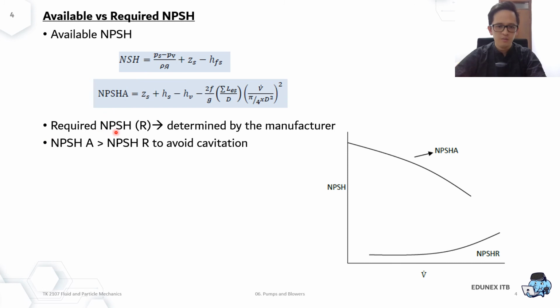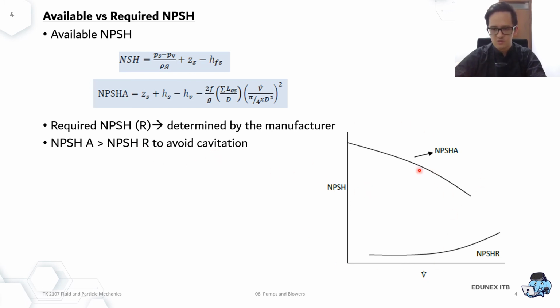While the required NPSH or NPSHR is determined by the manufacturer. So every time you buy a pump, just look at the data sheet or look at the brochure, what is the required NPSH by the pump. As long as you can prove that NPSH available is bigger than NPSH required, that means you can avoid cavitation.